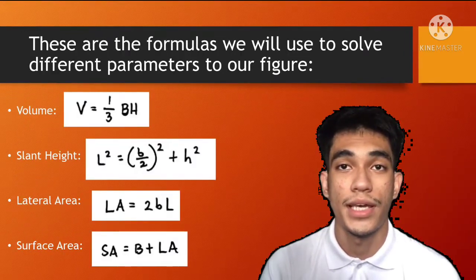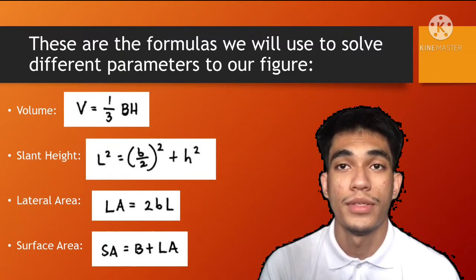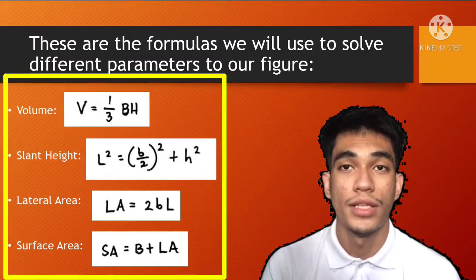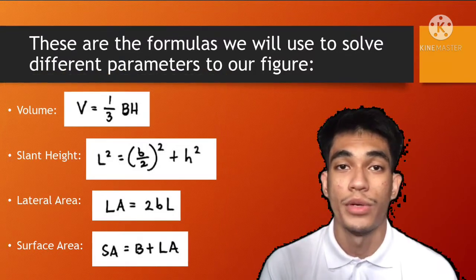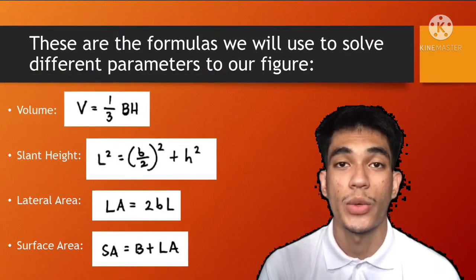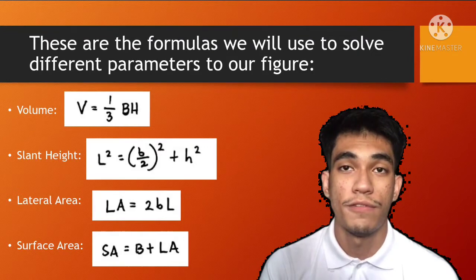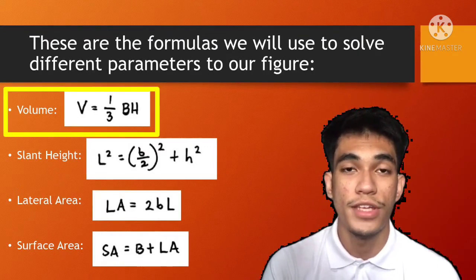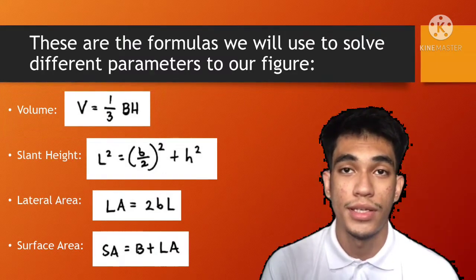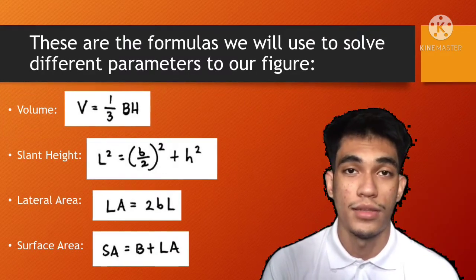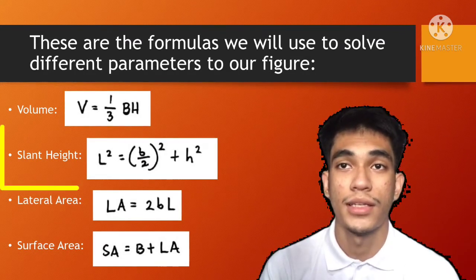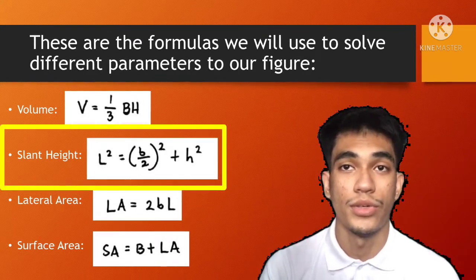For the next slide, we have the following formulas that we will use to solve different parameters of our figure, which is the square pyramid. The first one is the formula for volume, which is V equals 1/3 base times height, or B times H. We can solve for slant height by using the Pythagorean theorem.